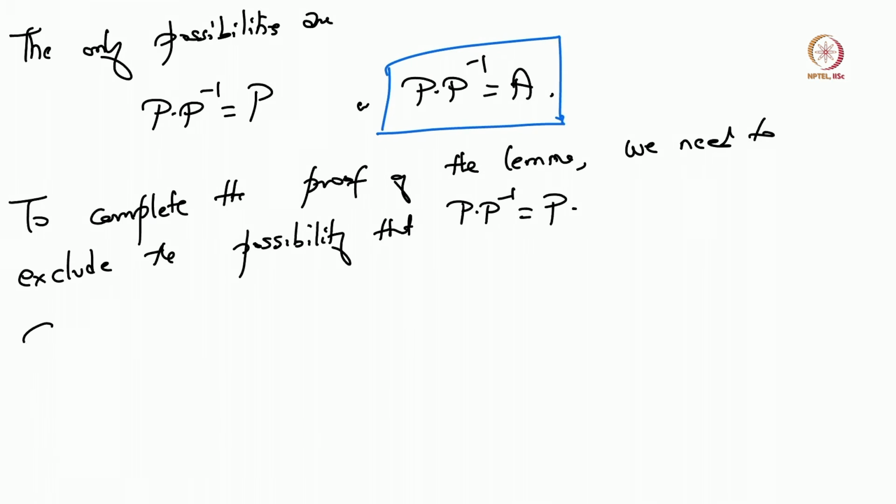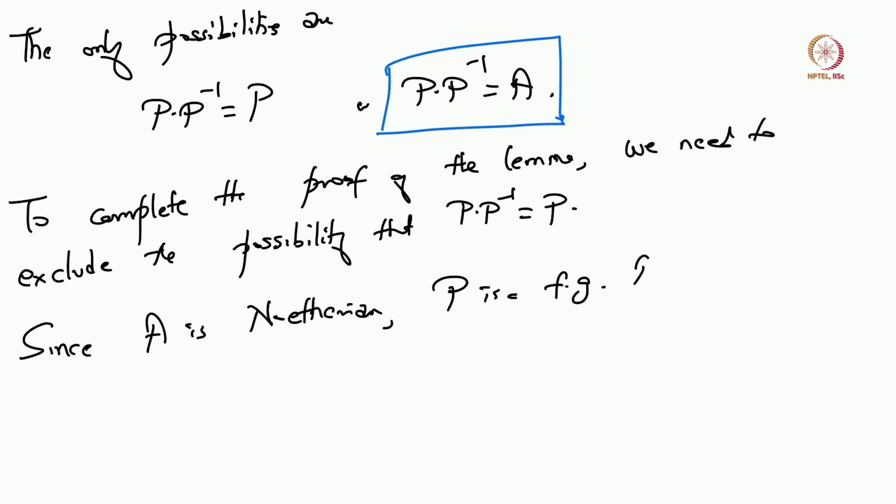Again, since A is Noetherian, every ideal is finitely generated, so P is a finitely generated A module.